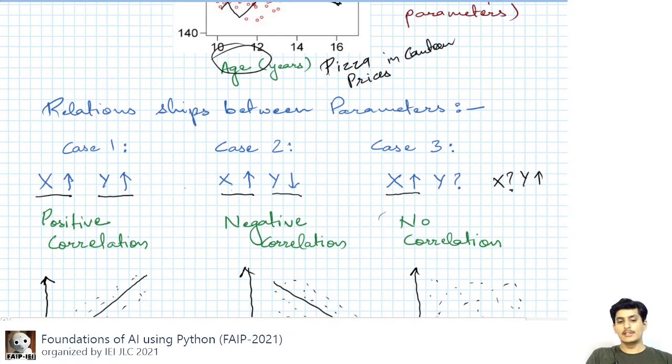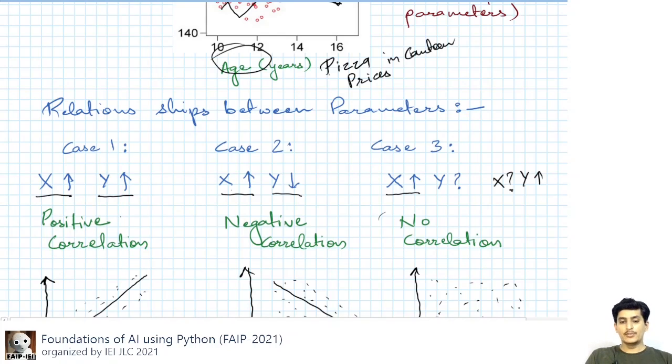However, in these two cases, we say that there must be some relationship between x and y given this particular type of data. And if the relationship is such that for larger values of x, you see larger values of y, this is called positive correlation. Or in some sense, we can also say that x is proportional to y.